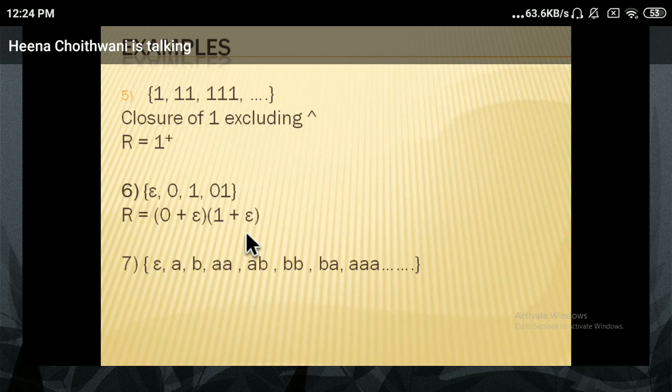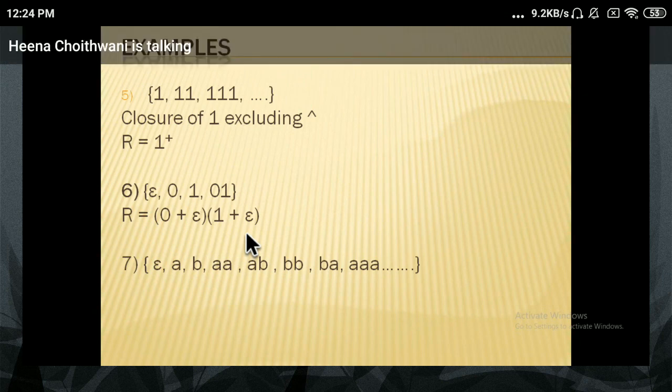Which means my language can contain epsilon, A, or B. Just forget about the epsilon also and take only A and B. How will you represent this language using the regular expression? Sanjana is saying A plus B.